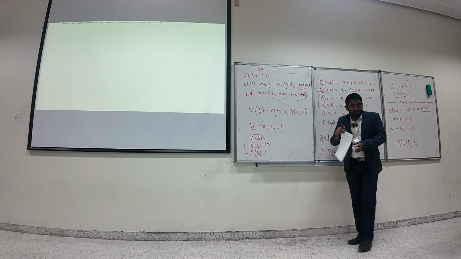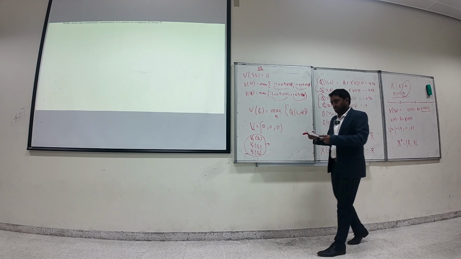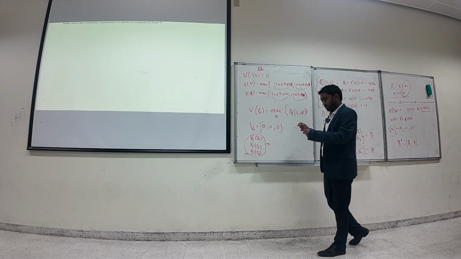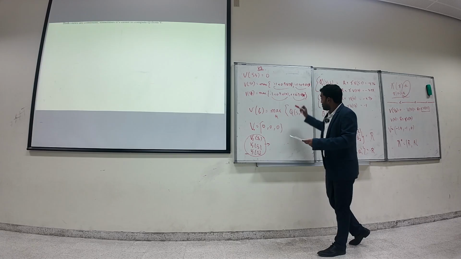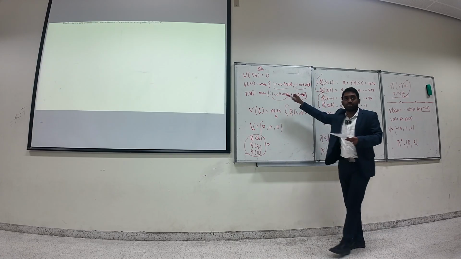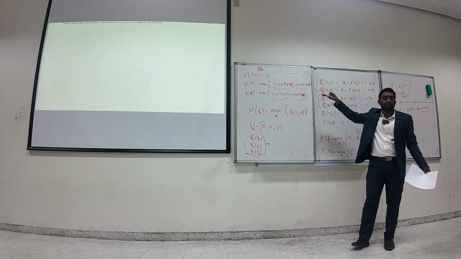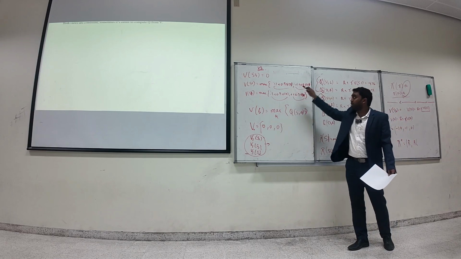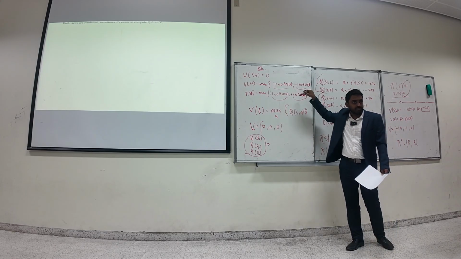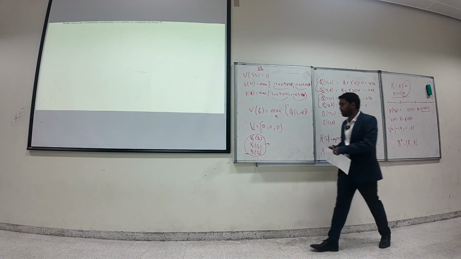Then we extract the policy. We see which is giving us the maximum value of Q, argument 1 or argument 2, left or right basically. Then from that you deduce the policy.